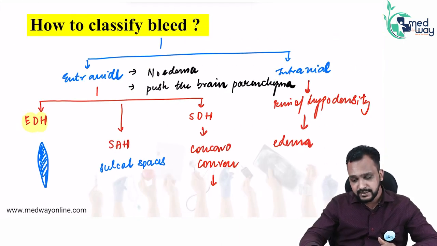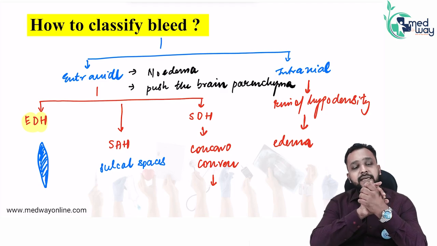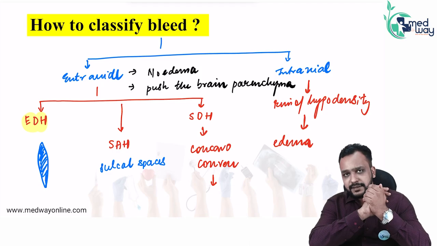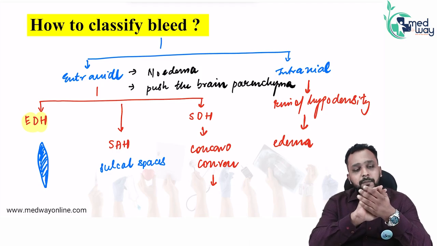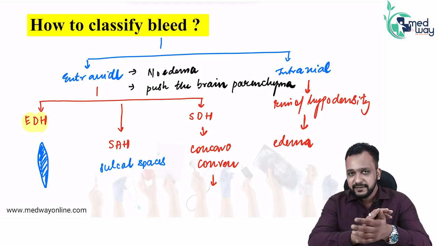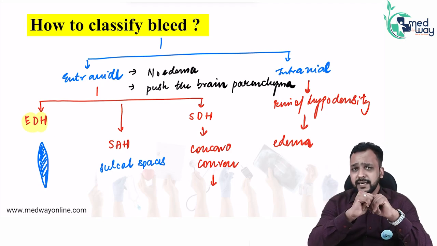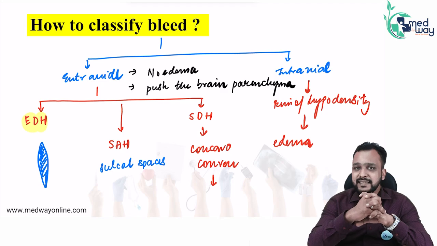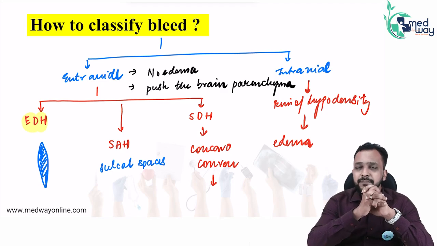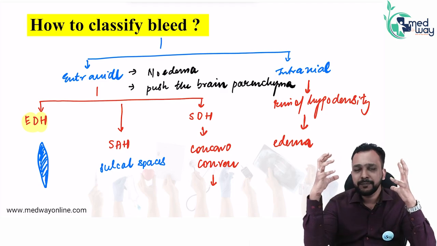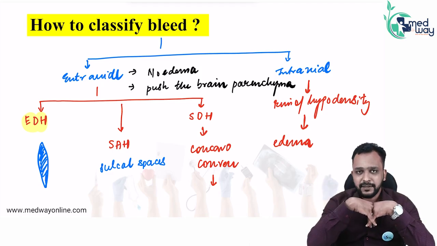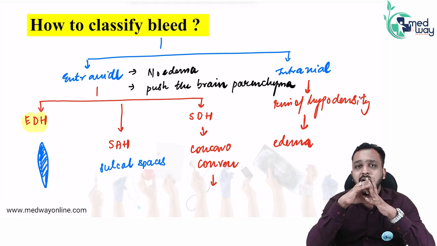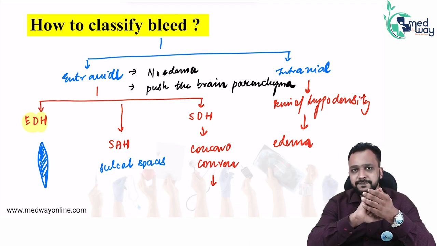So we have discussed how to identify a bleed. Now let us see how to classify the bleed. A bleed can be classified as extraaxial or intraaxial. What do we mean by the terms extraaxial and intraaxial? Intraaxial means that the bleed is present within the brain parenchyma, and extraaxial means that the bleed is present outside the brain parenchyma.